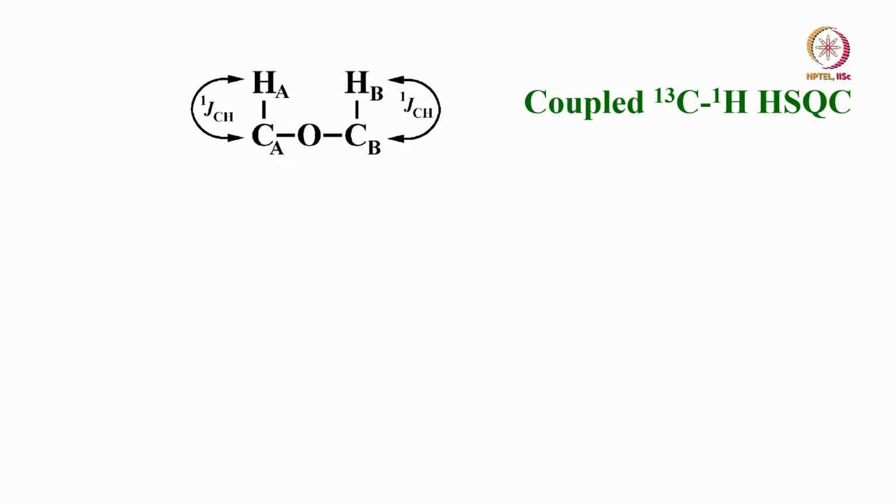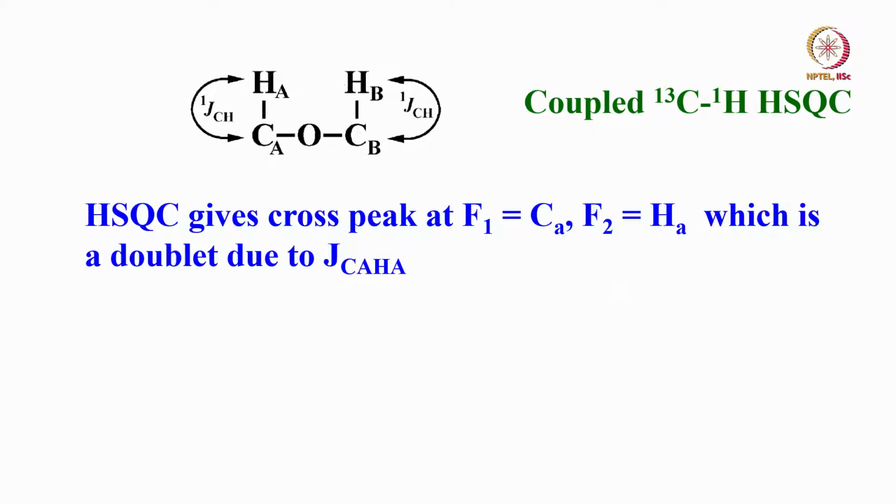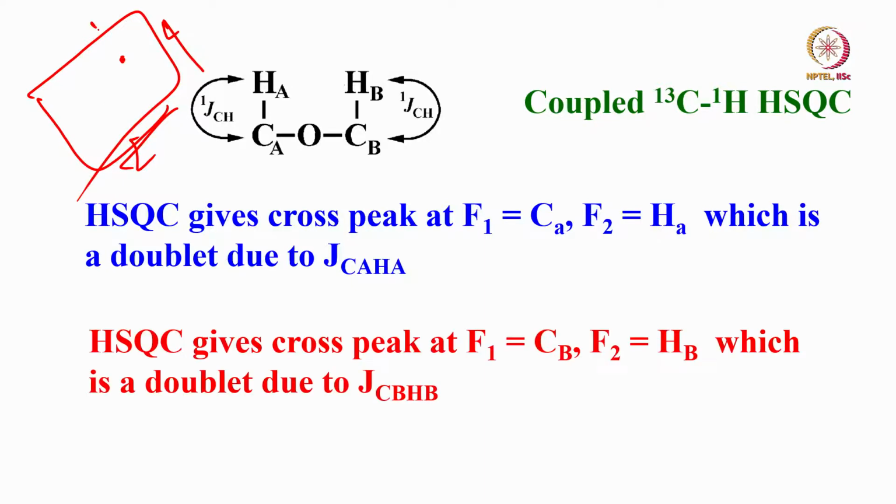Now we will see the coupled HSQC spectrum. In the HSQC spectrum there is a cross peak in the F1 dimension, this is F1 and this is F2, at carbon A, which is directly bonded to carbon B. Instead of drawing, you will see the spectrum in the next slide.